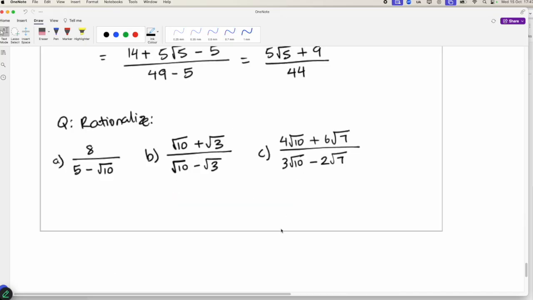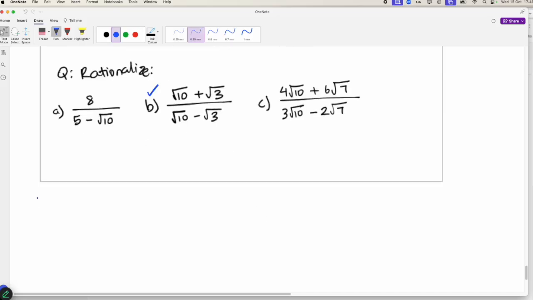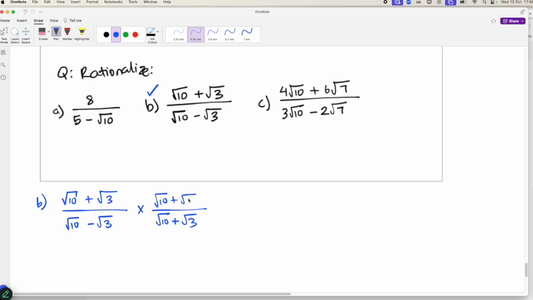Let's do B. Remember, I want to rationalize the denominator, so I will use the conjugate of the denominator. And yes, this and this can cancel, but I will not cancel them.